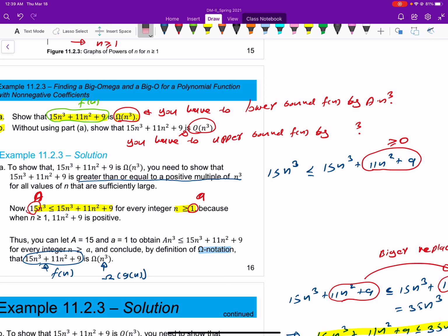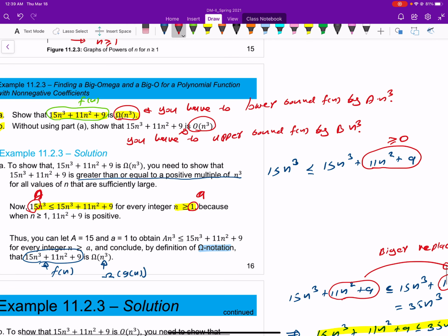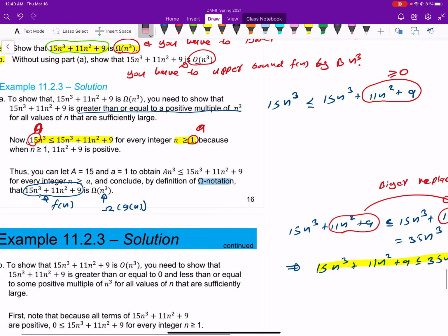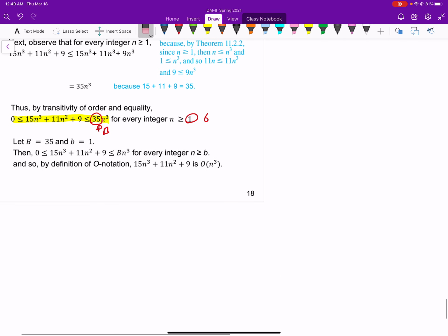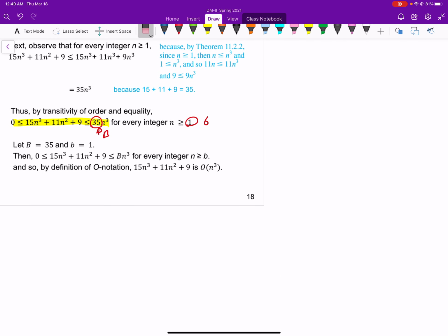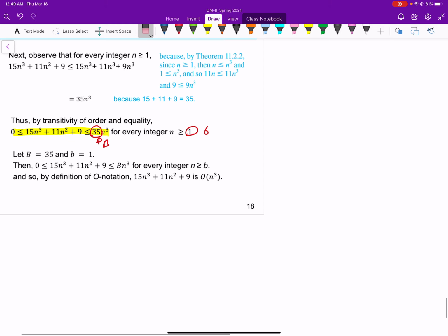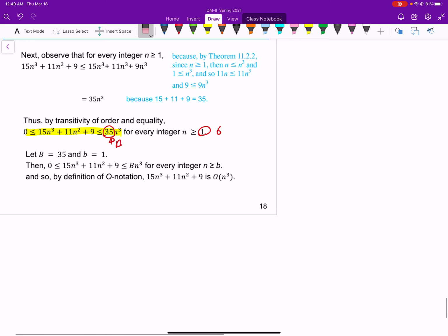Let me put B for that. It's upper bounded by B times n to the power 3. Alright, go down, and this is that B. It's just a notation, don't worry. Previously I used A, now I use B to distinguish. Don't worry about these notations.